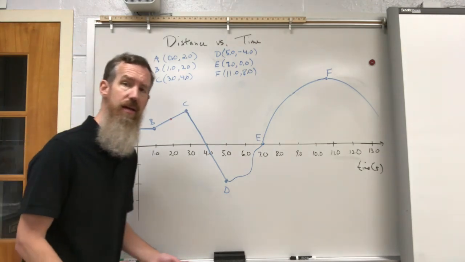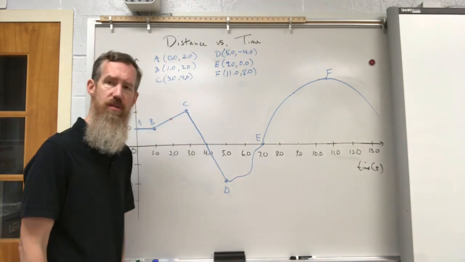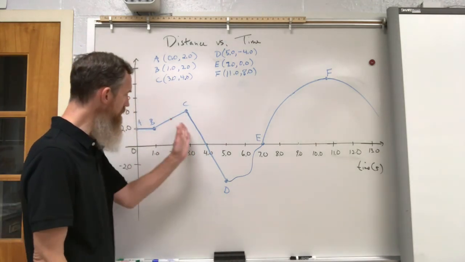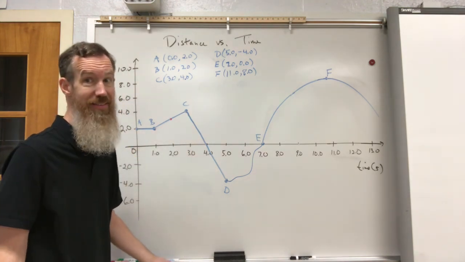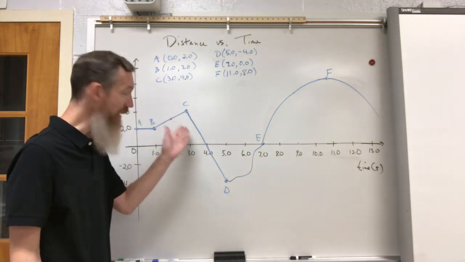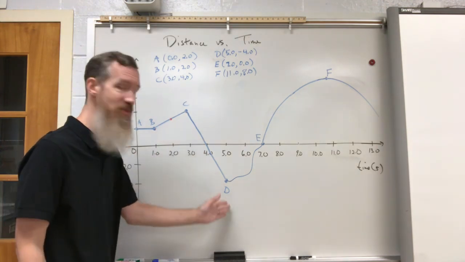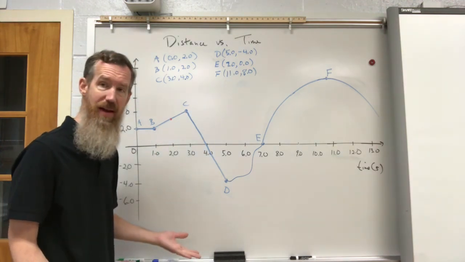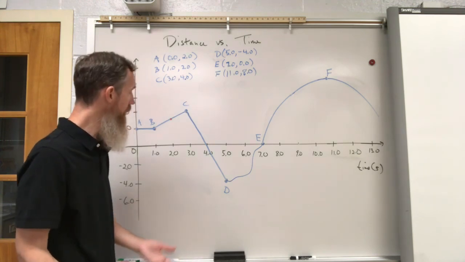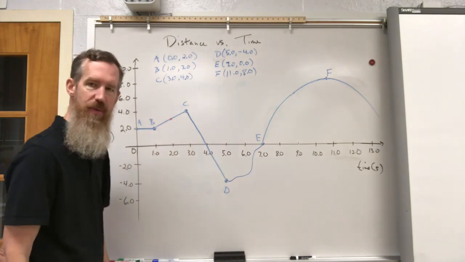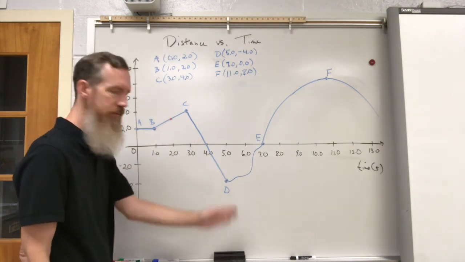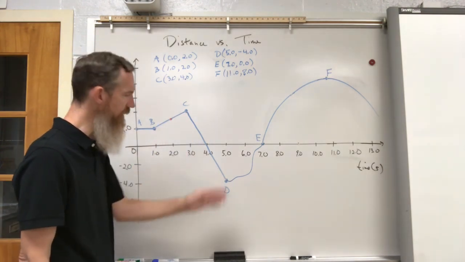Yeah, it's moving backwards. It's moving behind the origin. This is allowed. You're going backwards. You're going behind the starting point. You can do that. That's fine. Now, we know it's going backwards, obviously, by reading and looking at the graph, but we can also see that by the slope. Notice the slope of this line.